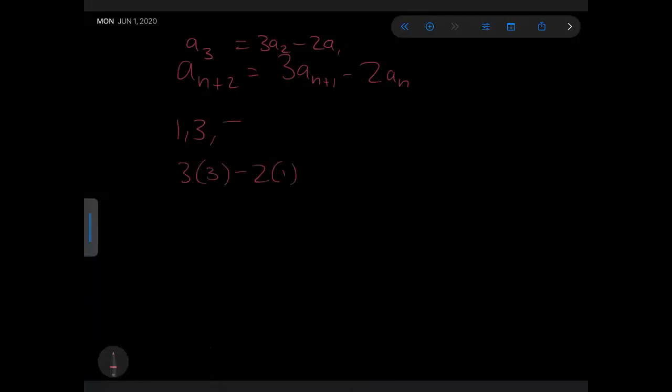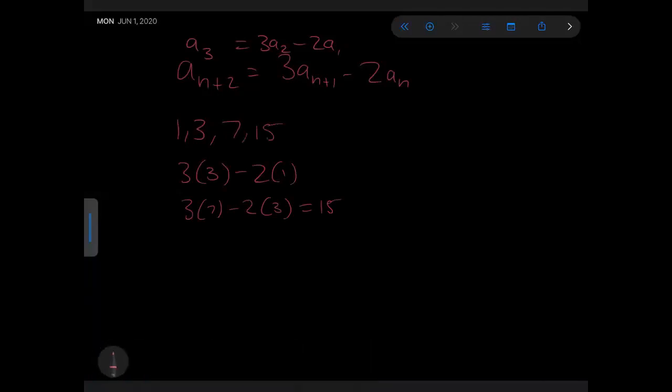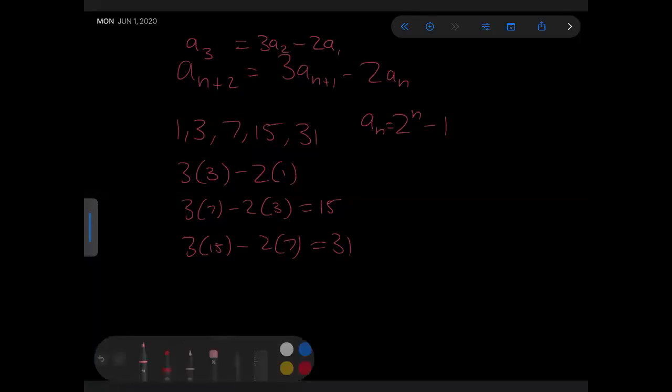So our next term is 7. 3 times 7 minus 2 times 3 equals 15. 3 times 15 minus 2 times 7 is equal to 31. This matches our equation we got earlier. We said that a sub n is equal to 2 to the n minus 1, and that holds true for this sequence.